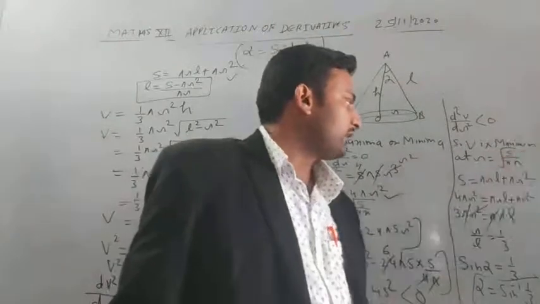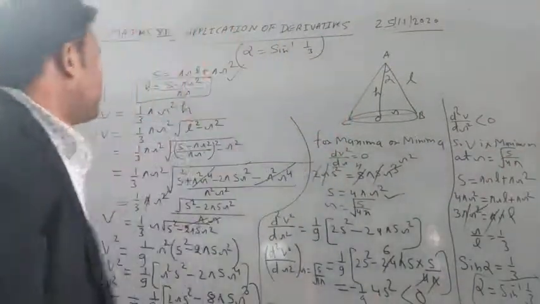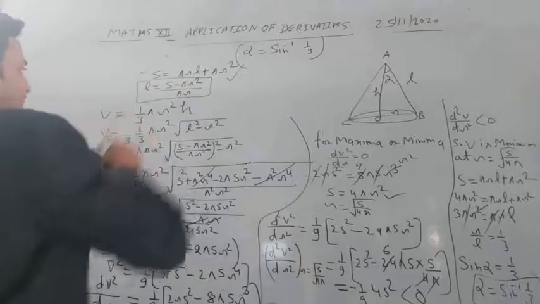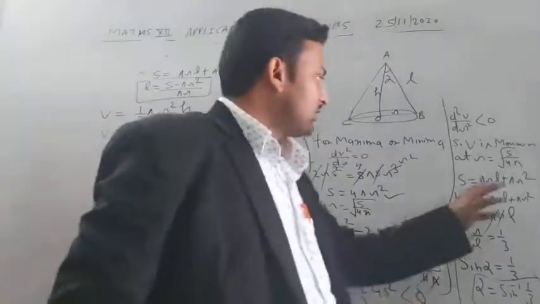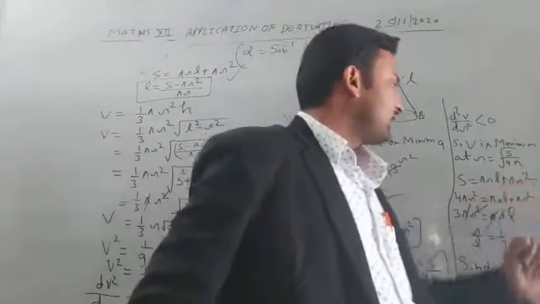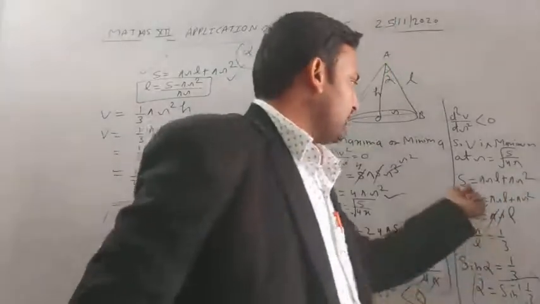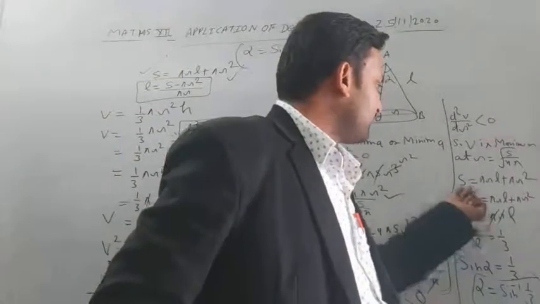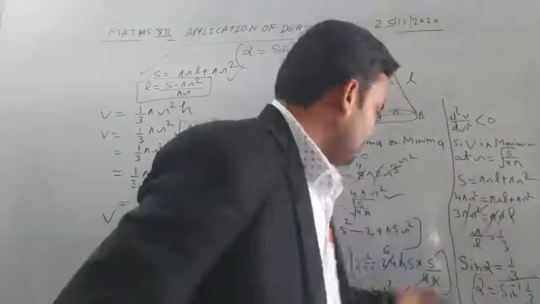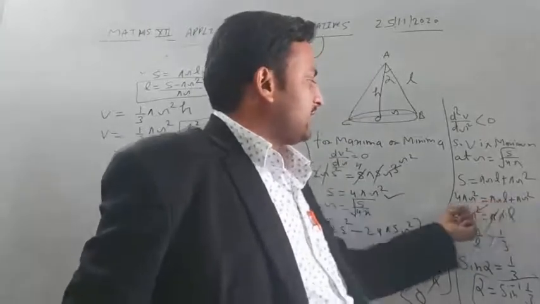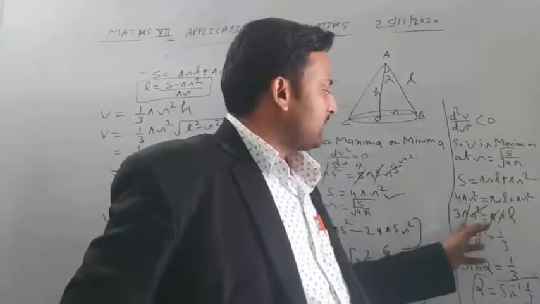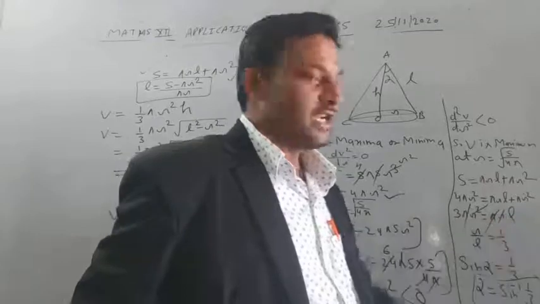Okay, so given S is equal to pi r l plus pi r square, now we will put S, which is 4 pi r square. From here we will substitute this, and from here we will subtract this pi r square. We get 3 pi r square is equal to pi r l.